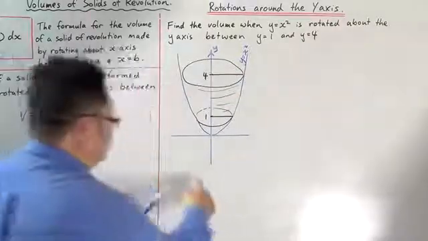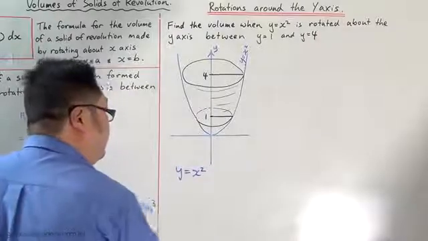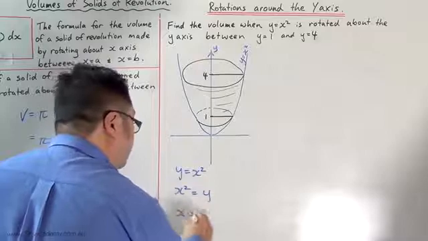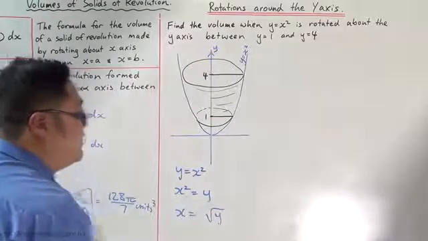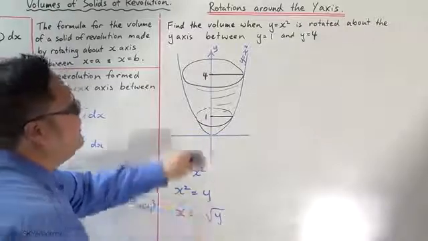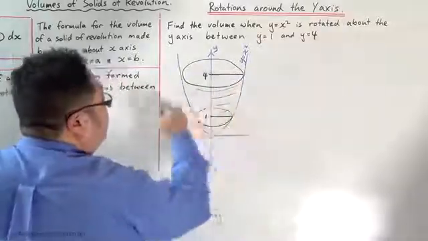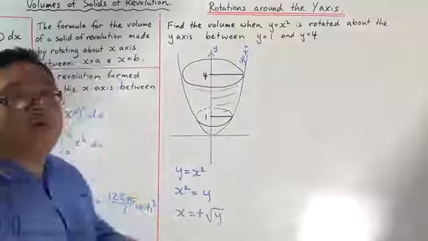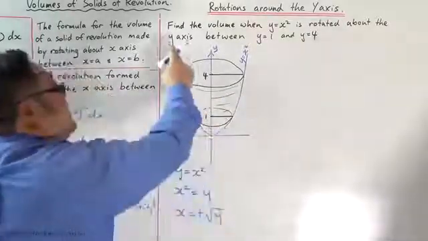So let's do that first, and I'll do this over here. So y equals x squared becomes x squared equals y, x equals the square root of y. Is it positive or negative? Well, we're rotating this arm about the y-axis, so let's make that positive, even though there will be both the positive arm and the negative arm.